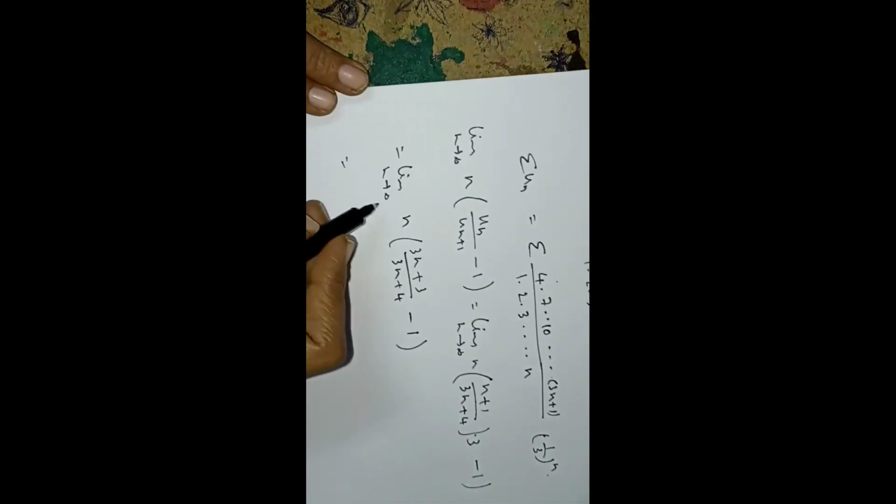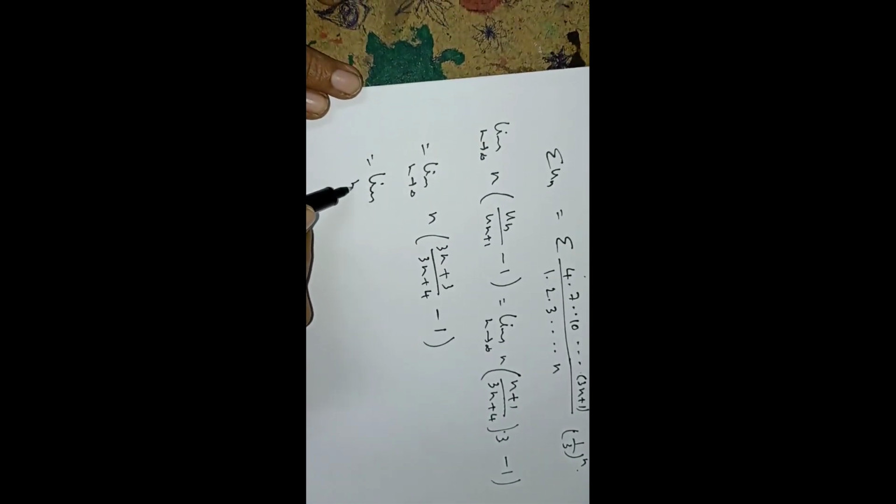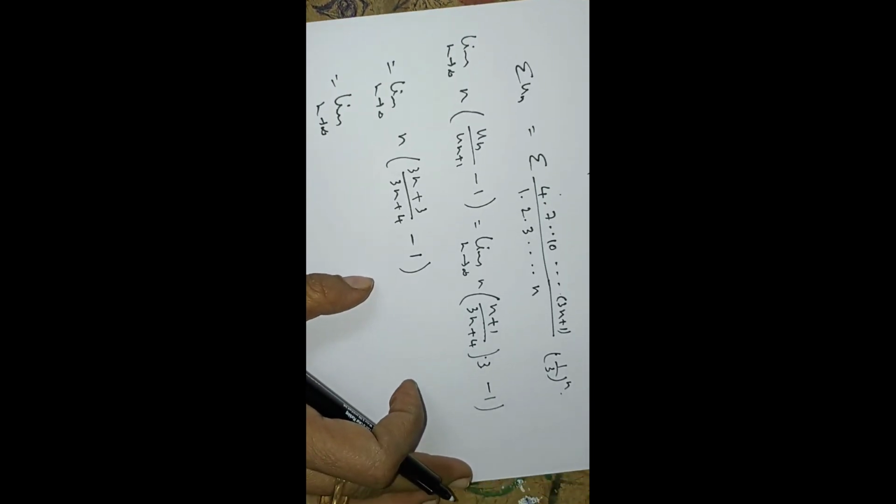That is equal to limit n tends to infinity. If you multiply with the 3, 3n plus 3 by 3n plus 4 minus 1 is equal to limit n tends to infinity n into the LCM, 3n plus 4, 3n plus 3 minus 3n minus 4.